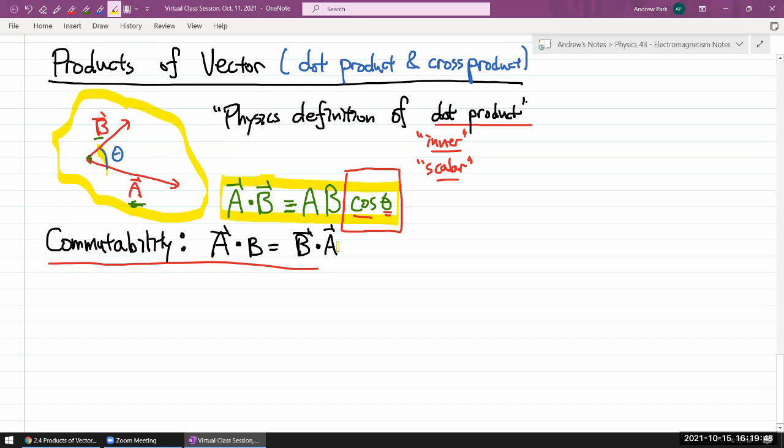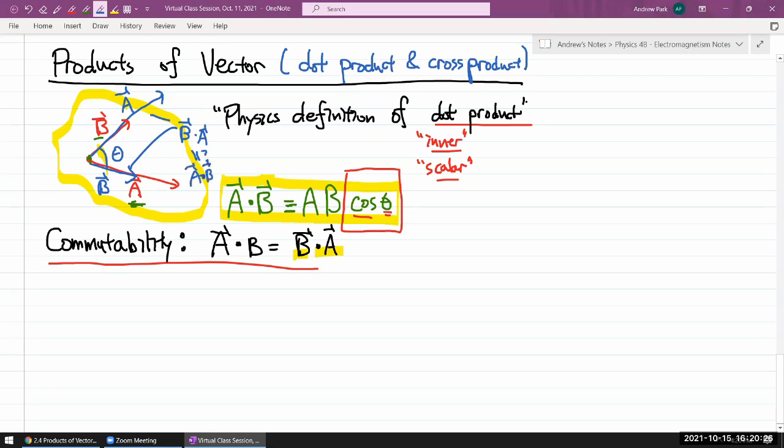If you're trying to imagine what B dot product with A looks like, it's like swapping the positions of A and B. That's what commuting the two things looks like here. You can consider whether B dot A would be different from A dot B.